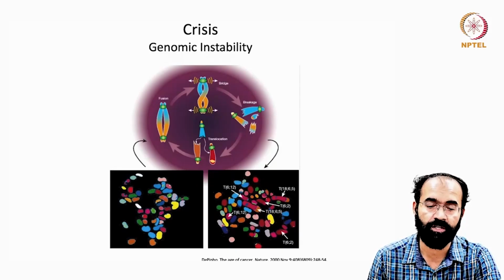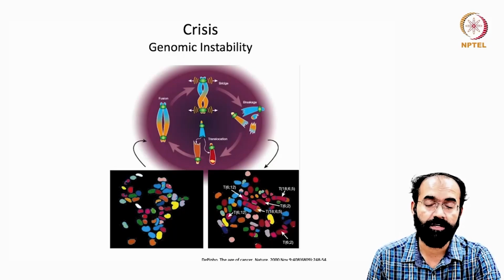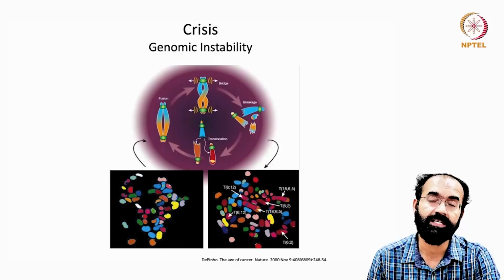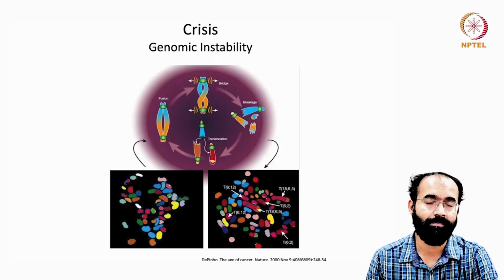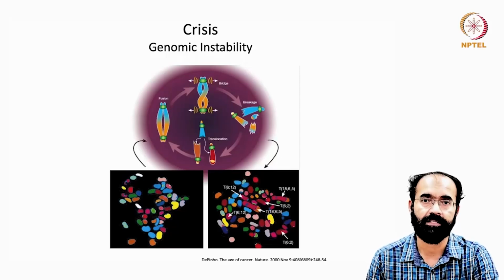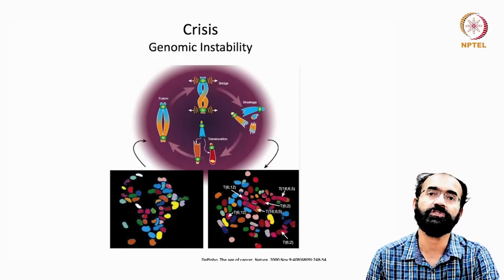There can be breakage of the chromosome, because the spindle fibers bind onto both centromeres. Just like I told you, one bag has 2 handles, 2 of you are holding it, one pulling it towards the south, another pulling towards the north. The bag will tear into 2 pieces depending upon how strongly you are pulling.